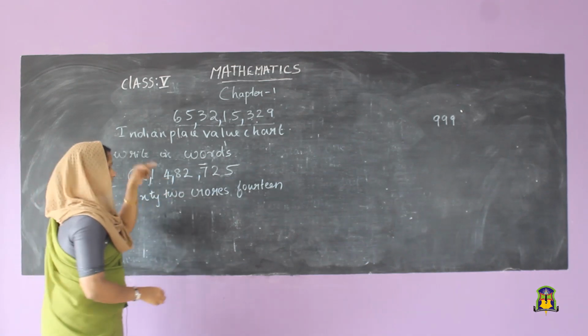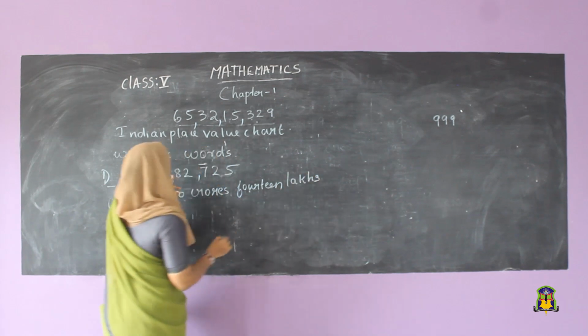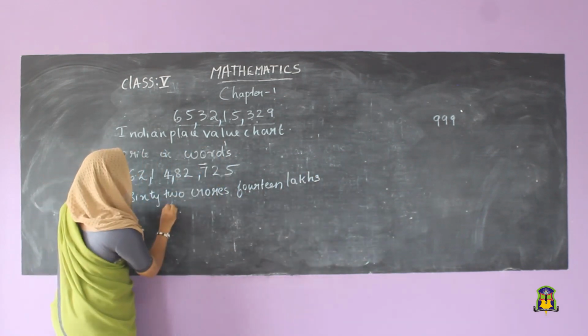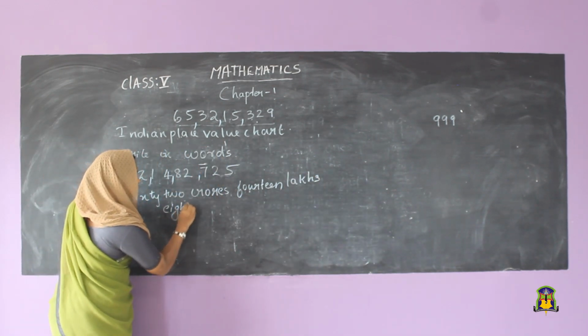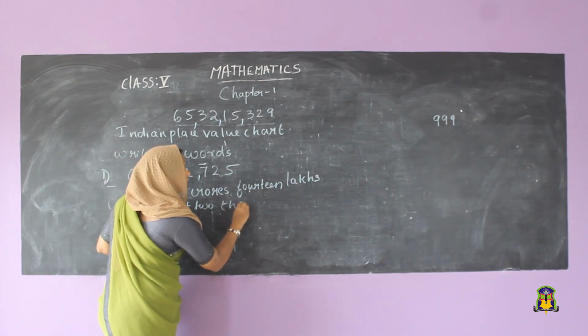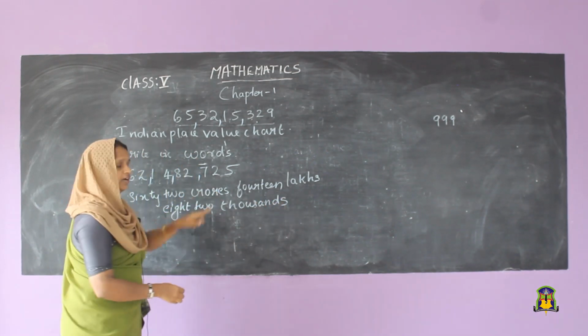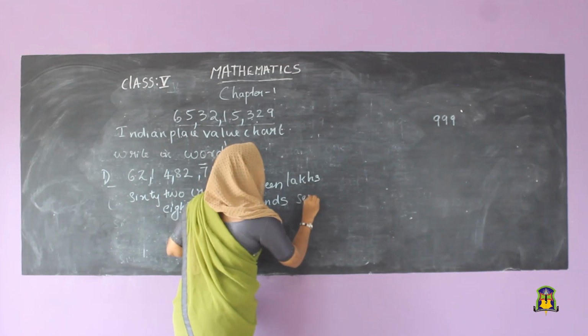62 crores, then 14 lakhs, then 82 thousands, then 725.